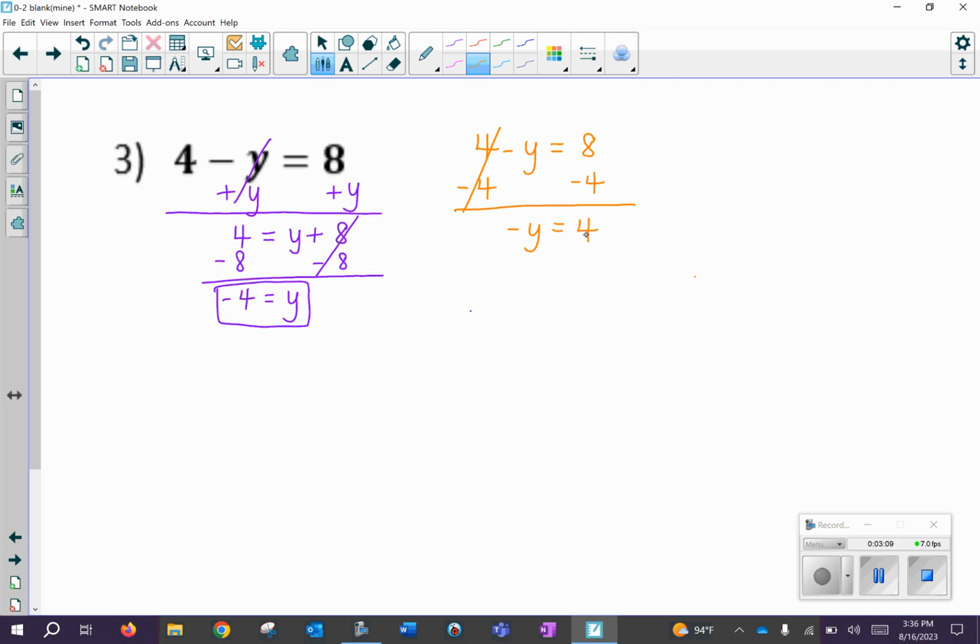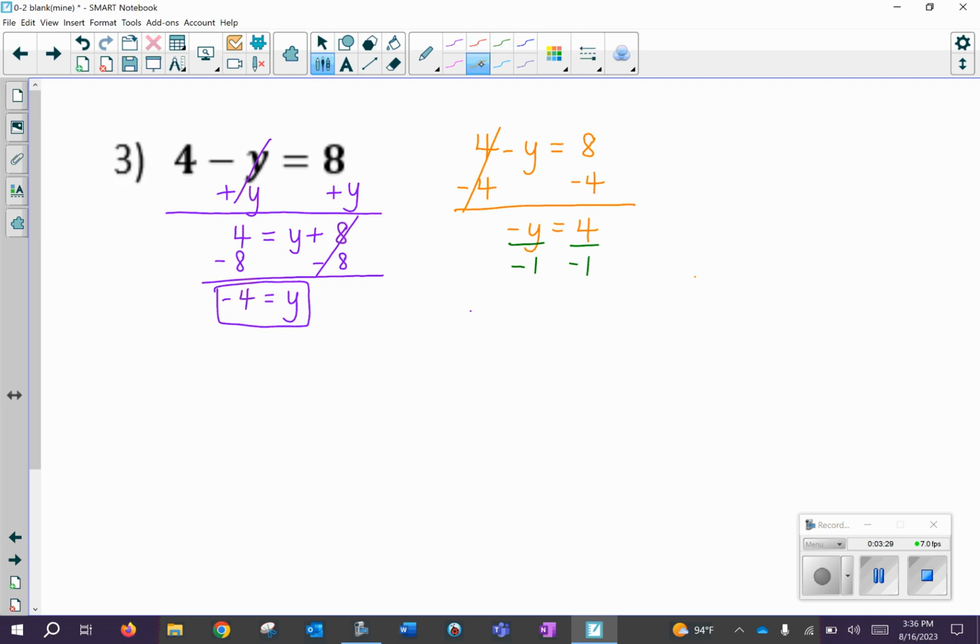Okay? Well, then you need to be comfortable with this as well. The number that's sitting in front of this y right here is a negative 1. We don't write it in math, but that's what's happening. So now if I want to get rid of that negative, I've got to divide both sides by a negative 1. Okay?